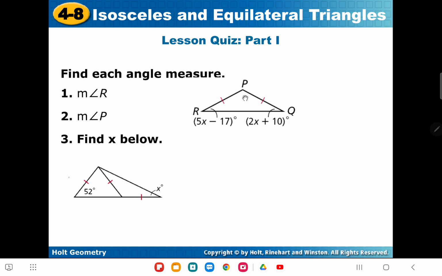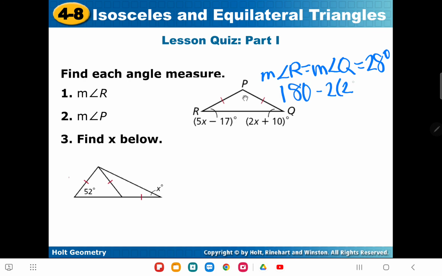And if R and Q are both 28 degrees, then angle P, so let's put this down, measure angle R equals measure angle Q equals 28 degrees. Therefore, the measure of angle P is going to be 180 minus 2 times 28, or 180 degrees minus 56 degrees, and that's going to be 124 degrees.